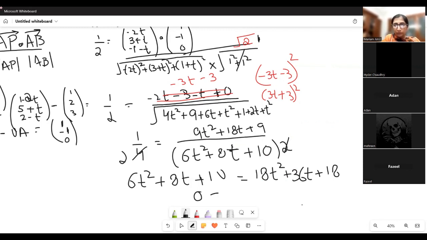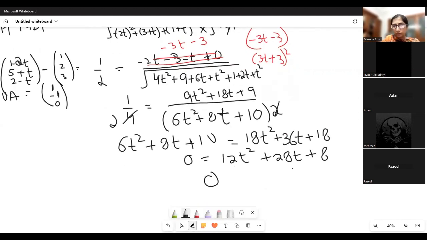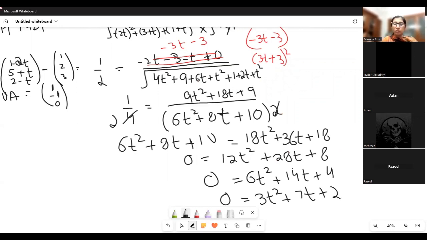So with 0 on one side we have 12t square plus 28t plus 8, and we can further divide by 2 on both sides. So we get 6t square plus 14t plus 4. Again, we can divide by 2 on both sides. We should have divided by 4. So 3t square plus 7t plus 2. Is that what we needed?